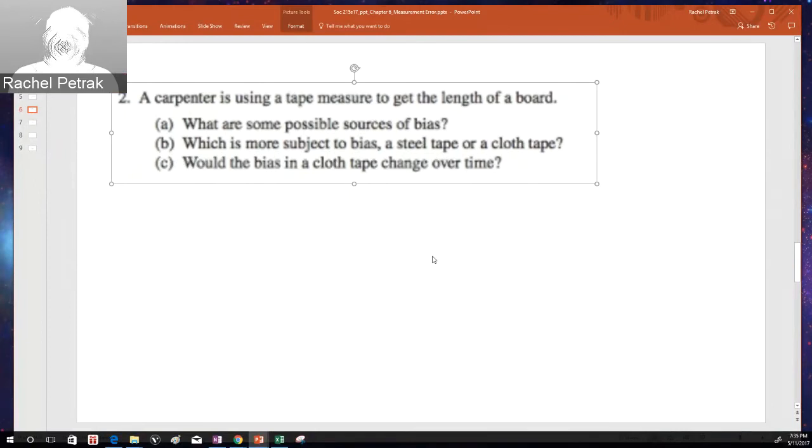This is a systematic error or a bias in their measurement because of their biased cloth tape. Would the bias in a cloth tape change over time? I would argue, yes, it does. The tape warps, it stretches, it probably stretches more in the beginning than it does later because the cloth loses elasticity over time.